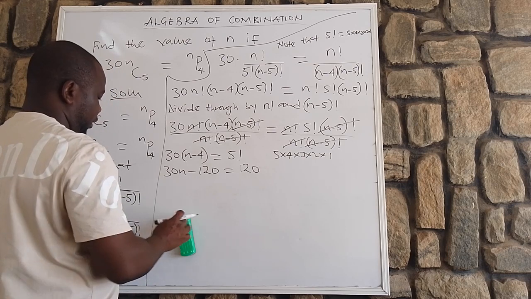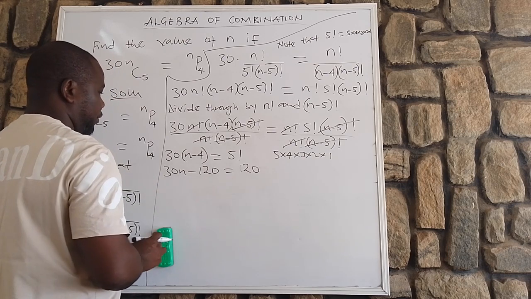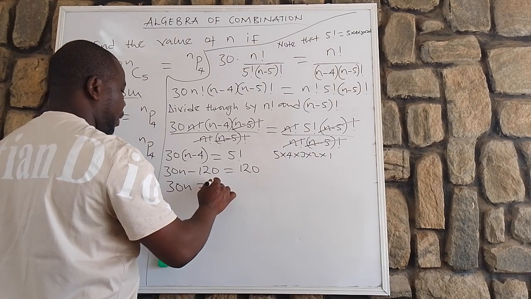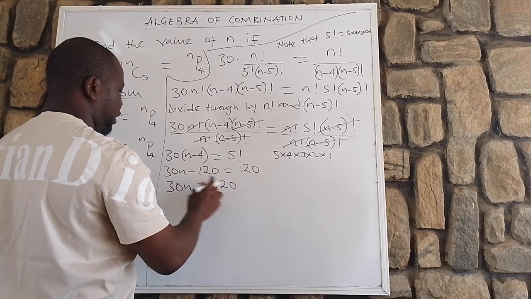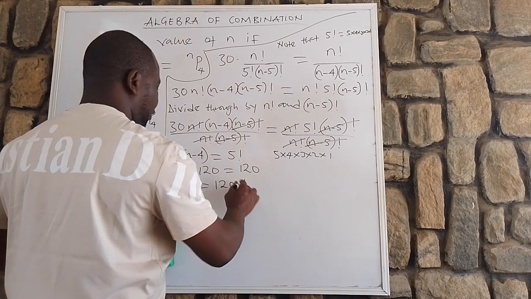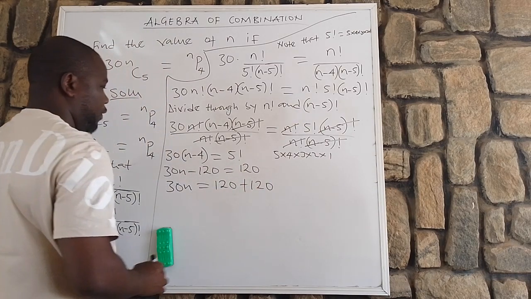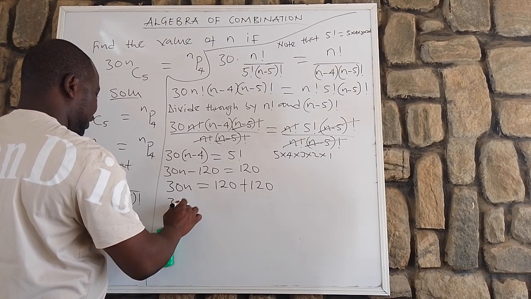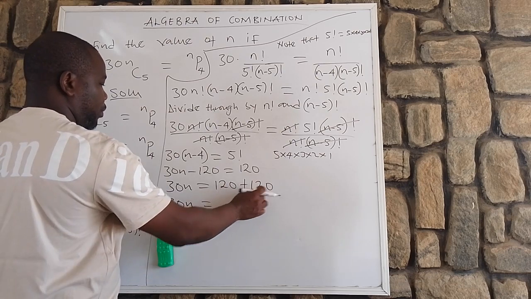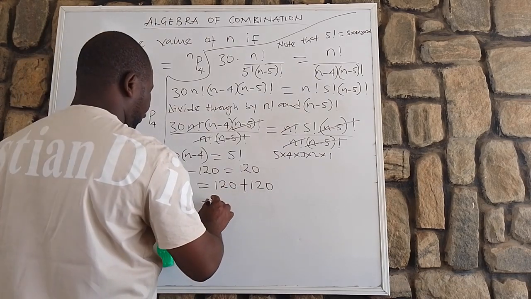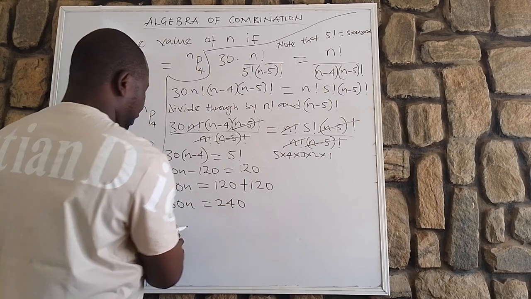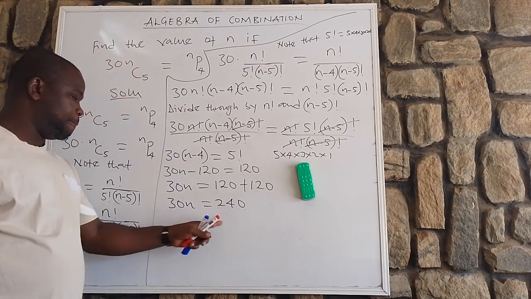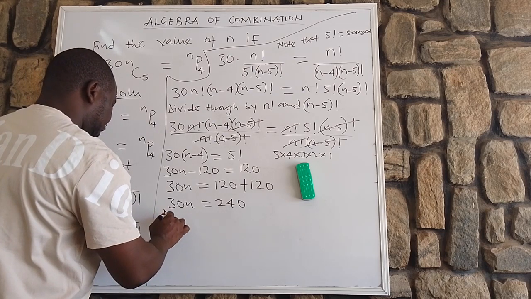If we collect like terms, here will be 30n equals 120. This one crosses the sign of equality and becomes plus 120. True or false? So 30n equals this one plus this, which is going to give us 240, isn't it? Then for us to obtain n, we divide through by what? 30.